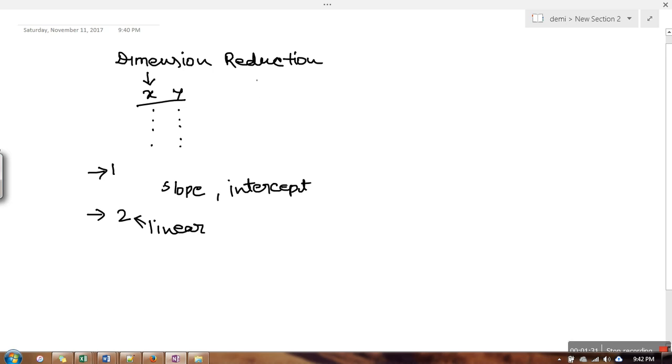In case I'm having a data set with 10 input variables, if we are going to train a linear model on this data set, we need to find out parameters for our model, and the number of parameters will be 11. So as the number of input variables, or we can say as the number of dimensions increases, the number of parameters for the model also increases.